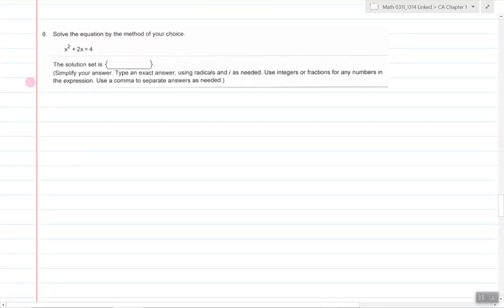All right, number 8. Although it's not the most popular technique, I'm going to use completing the square, just so I do it again. I can look at this and know that even if it's equal to 0, I cannot get the factors of 4 to have a difference of 2.